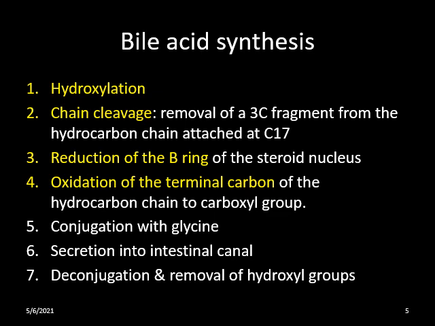Second, chain cleavage, that is removal of a 3 carbon fragment from the hydrocarbon chain attached to C17. Then reduction of the bearing of the steroid nucleus, then oxidation of the terminal carbon of the hydrocarbon chain to the carboxyl group, then conjugation with glycine, secretion into the intestinal canal, deconjugation, and finally removal of hydroxyl groups.